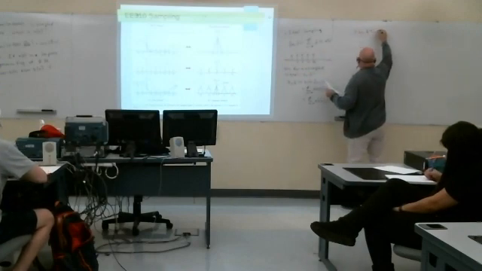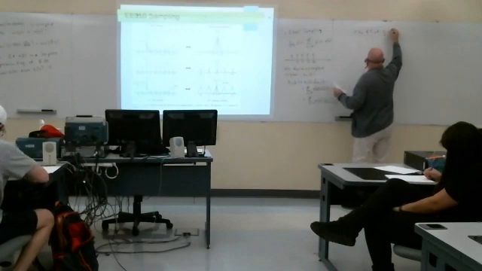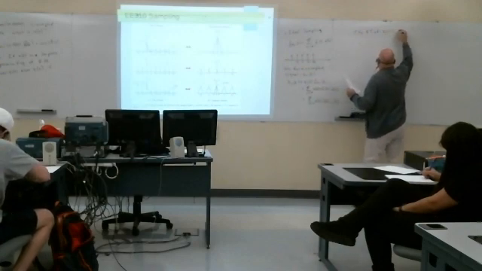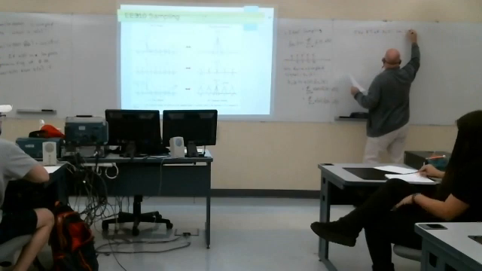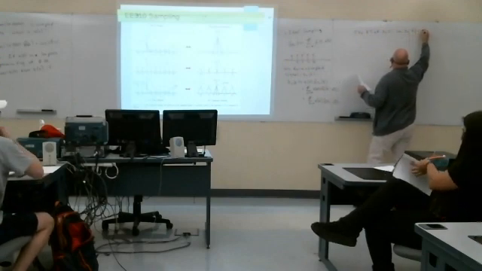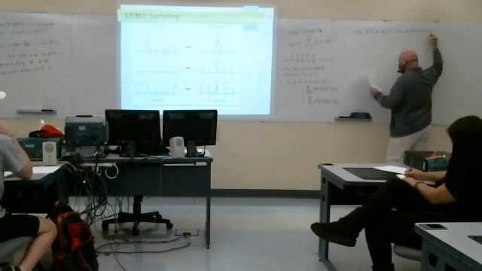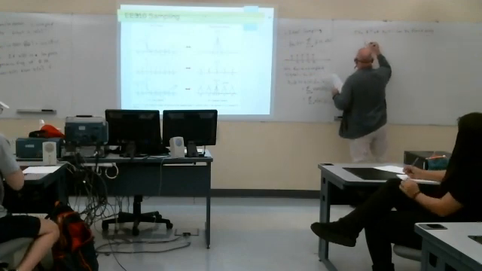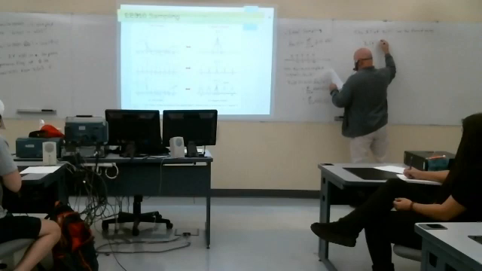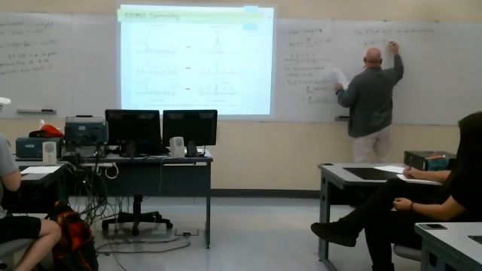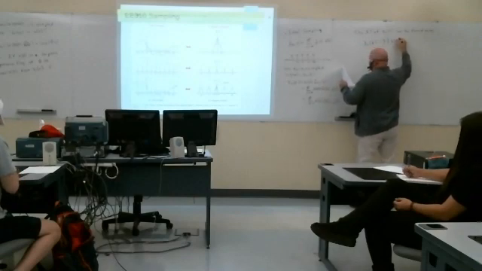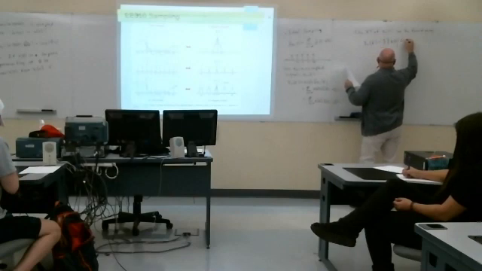The Fourier transform of xs of t can be found using the Fourier transform of the product of our original continuous time signal and this impulse train.